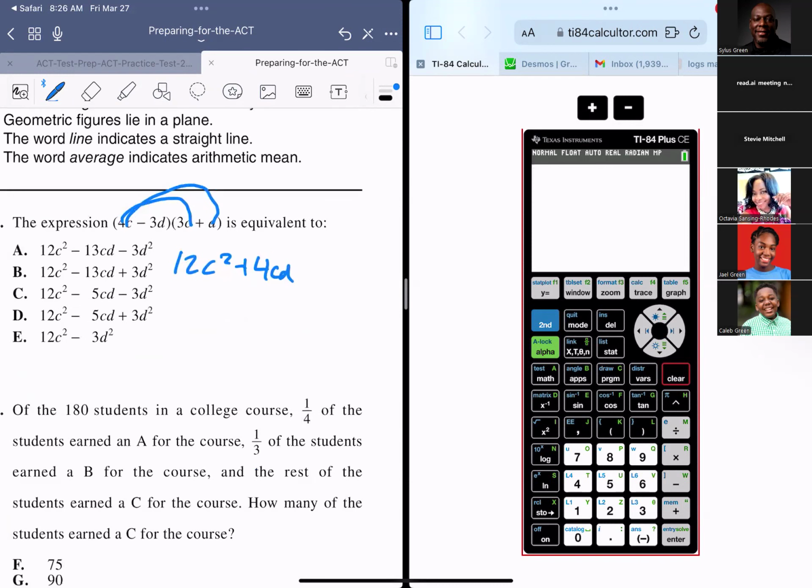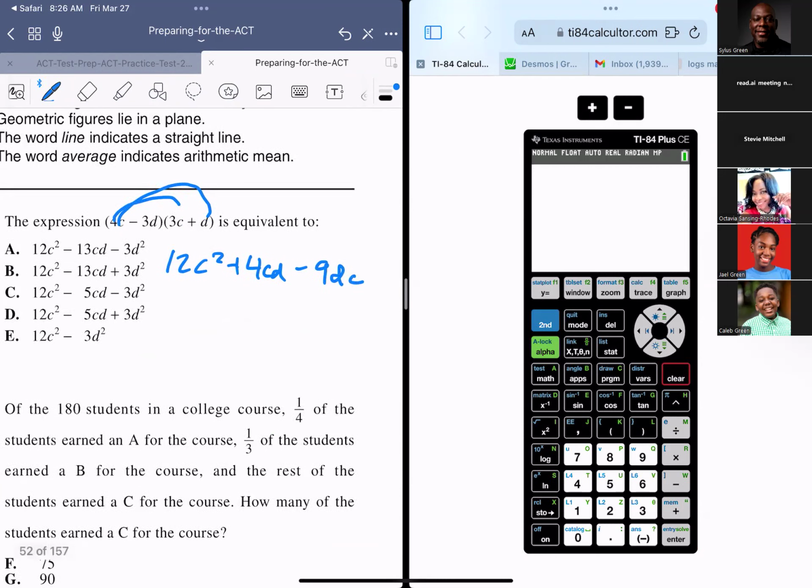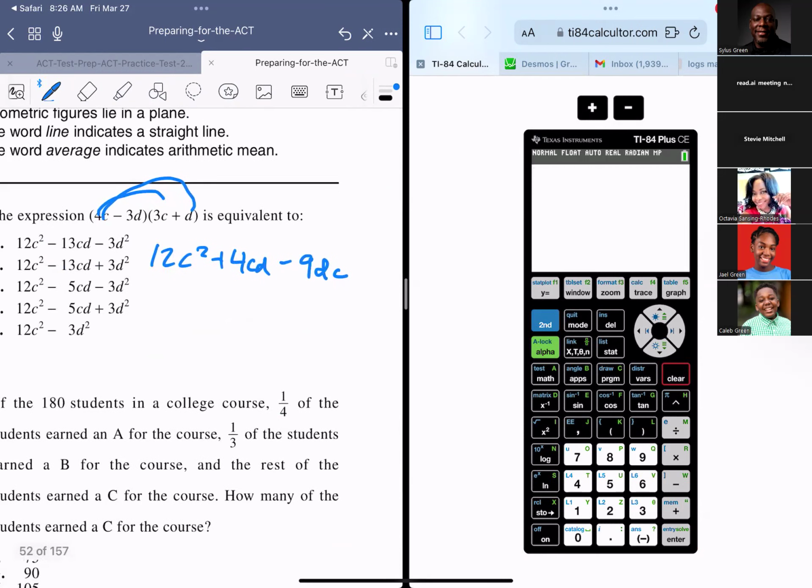Then you multiply the inner terms, negative 3d times 3c, that's minus 9dc. And then last, negative 3d times d, that's negative 3d squared.